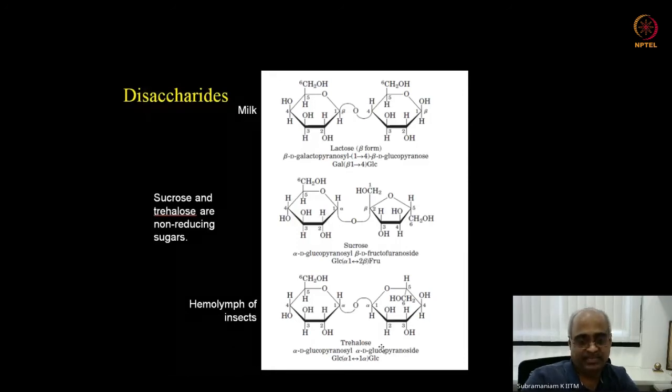Similar is the case with trehalose, which is glucose-glucose alpha 1,1 linkage. This is a disaccharide present in the circulating fluid, like the blood equivalent in insects, and this is an important source of energy for insects. So these are the common disaccharides that we encounter.